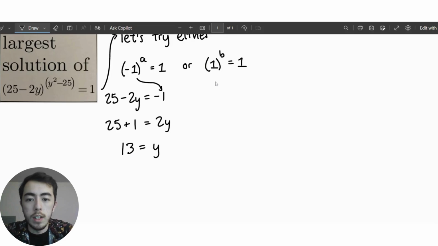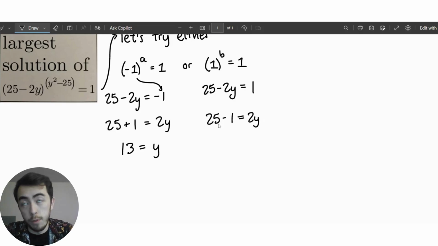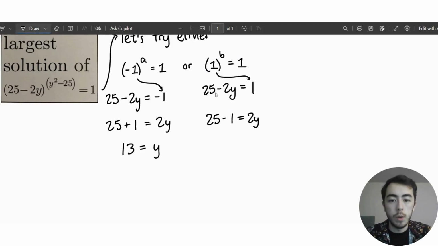And over on this side, maybe 25 minus 2y is equal to +1. I'll do something similar. I'll add the 2y, but then I'll subtract this 1. So I'll get 25 minus 1 equals 2y. So over on this side, I have a 24, and 24 divided by 2 is 12. So 12 seems like another solution for y.